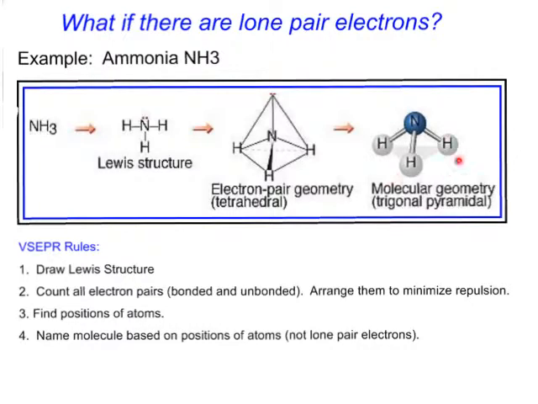The reason we have this shape is because there is a lone pair of electrons right here that is causing these hydrogens to be in those positions so that all of the electron pairs, bonded and non-bonded, are far away from each other. So the final molecular geometry of ammonia is trigonal pyramidal.